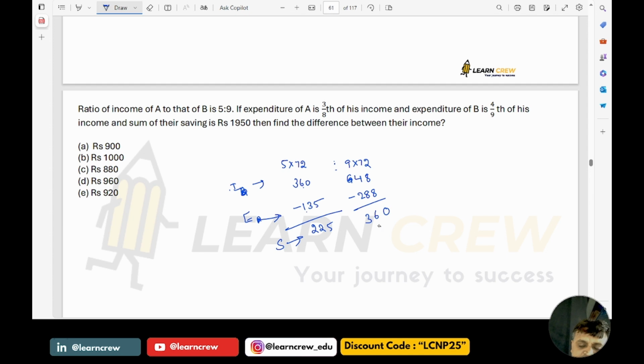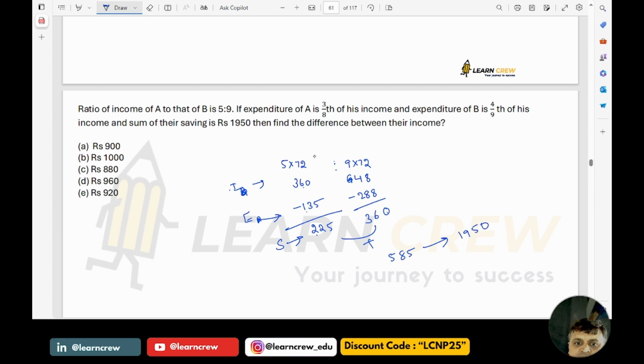B's saving is 648 minus 288, which is 360. The sum of their savings is given as 1950. Sum of their savings here, how much did we get? 360 plus 225, the sum of these two is 585. This 585 is given as 1950.